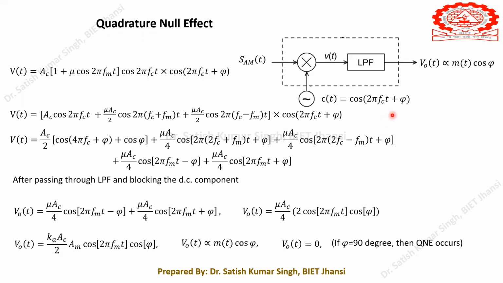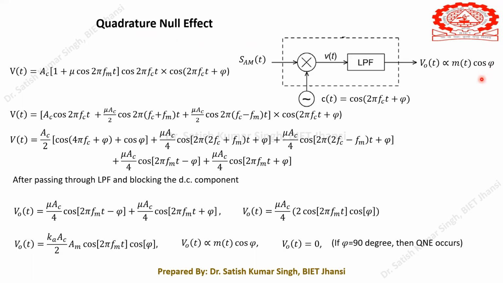There is a 90-degree phase difference between the carriers used for modulation and demodulation, and at that time our output becomes null or 0, and that's why we call it the quadrature null effect.